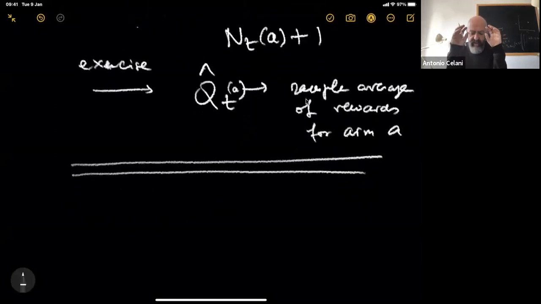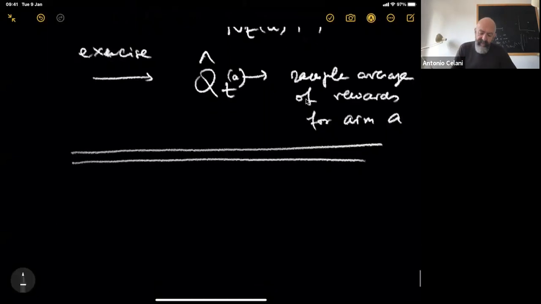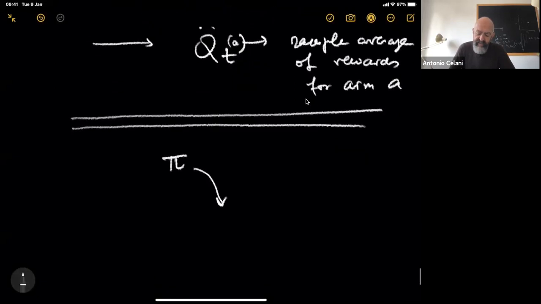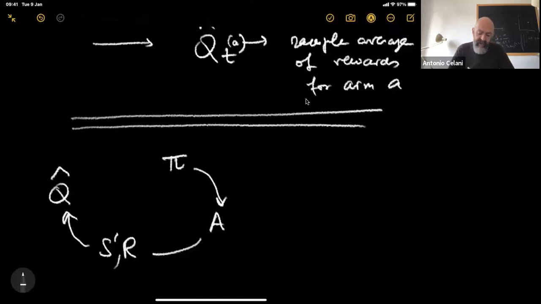So the framework that we have in mind is the following. Remember that if we have some policy, this policy can produce actions. And from these actions, we observe, in general, rewards and possibly also new states, which lead us to an estimate of my Q. So this is the flow that temporal difference learning proposes.